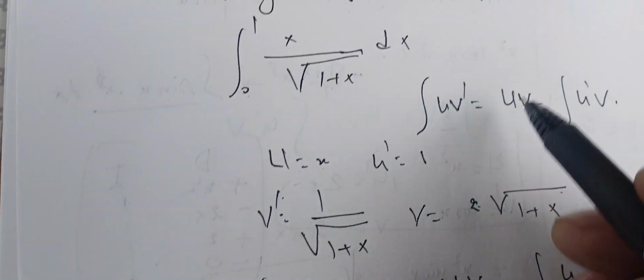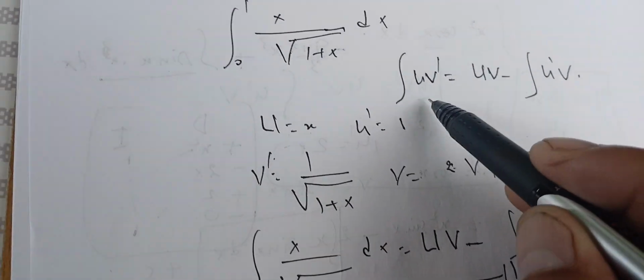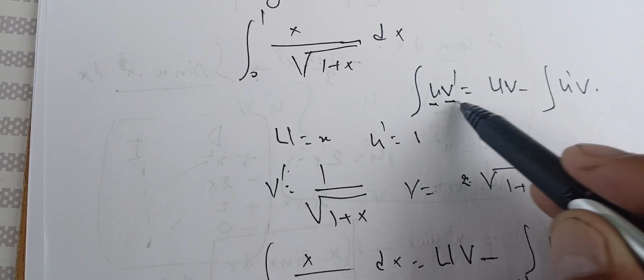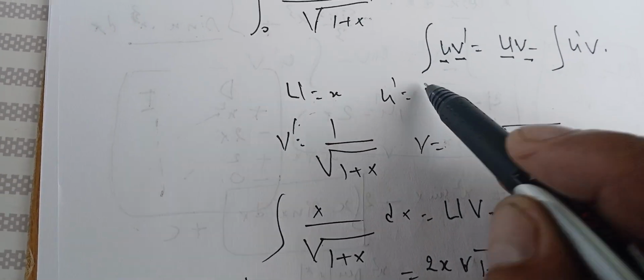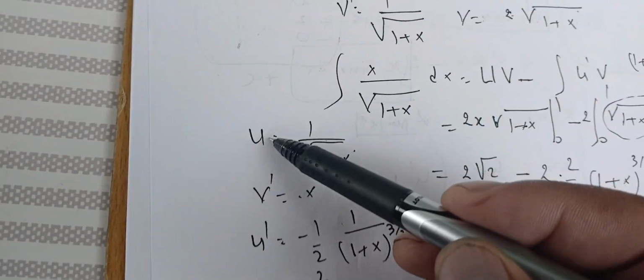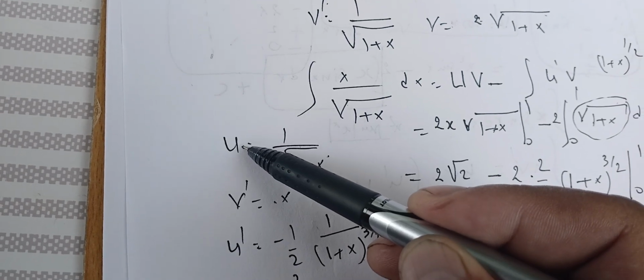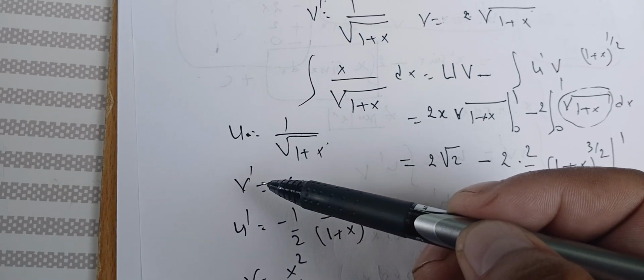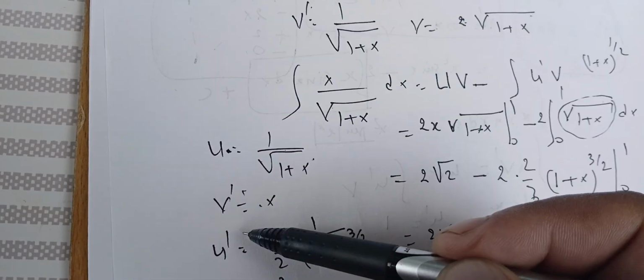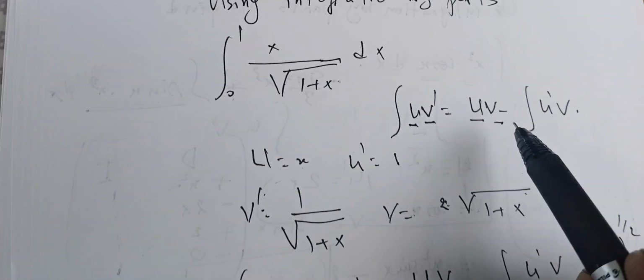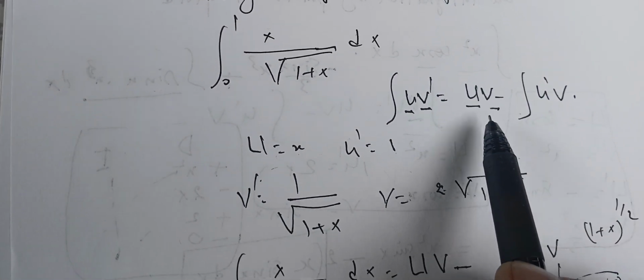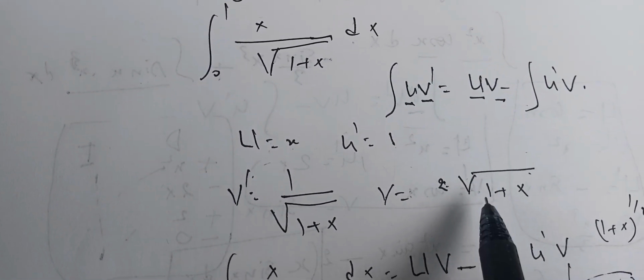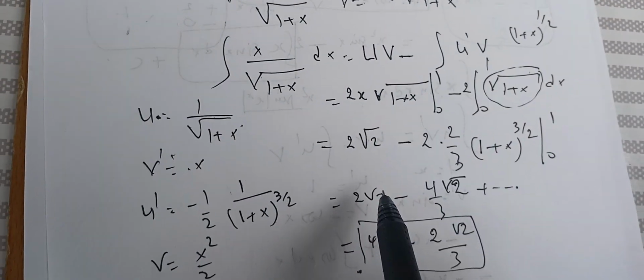So here the aim is to tell you that the choice matters. Sometimes a different choice of u works, and a different choice of v or v prime works. So the aim is to choose the function that will help me find the integral and make it easier.